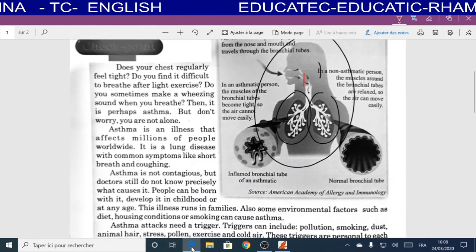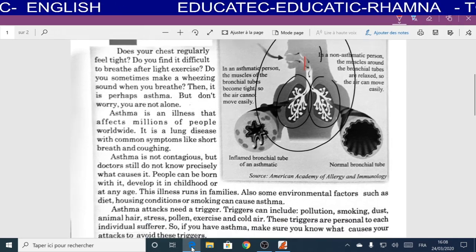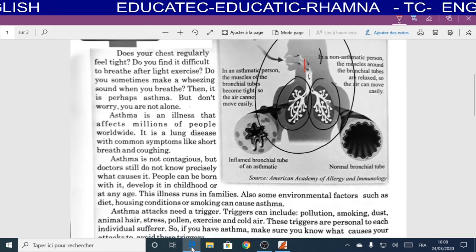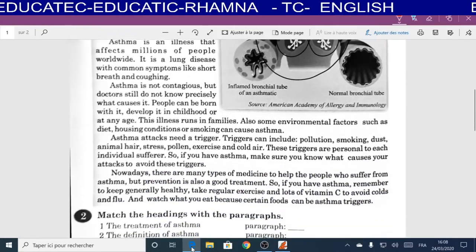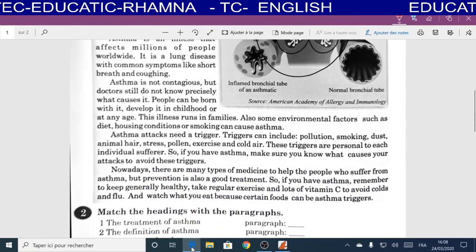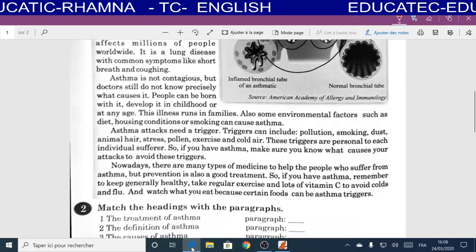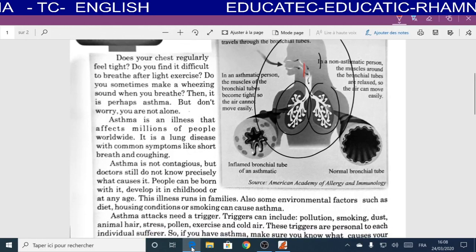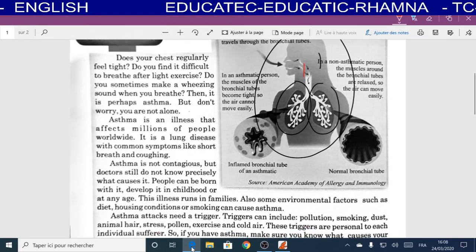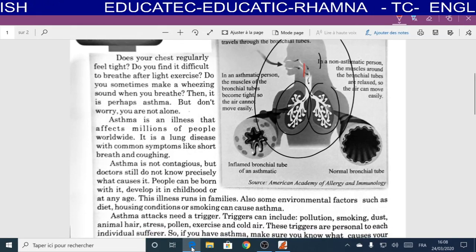The text is very easy. As you can see, we have some small paragraphs. We're going to read paragraph by paragraph, try to explain all these paragraphs at first, and then move to do the activities related to them. So let's start reading the text.